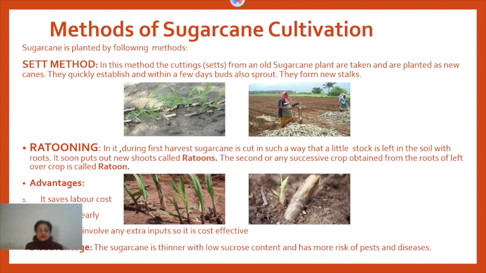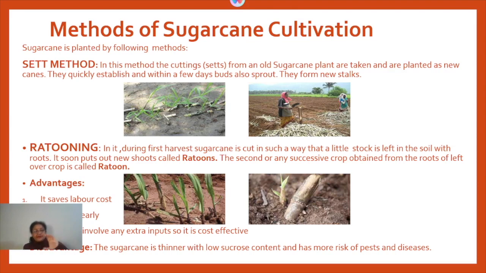Number two is ratooning. The second method is ratooning. Now, what is ratooning? During the first harvest, sugarcane is cut in such a way that a little stalk is left in the ground itself. Suppose the upper part is cut and taken away.